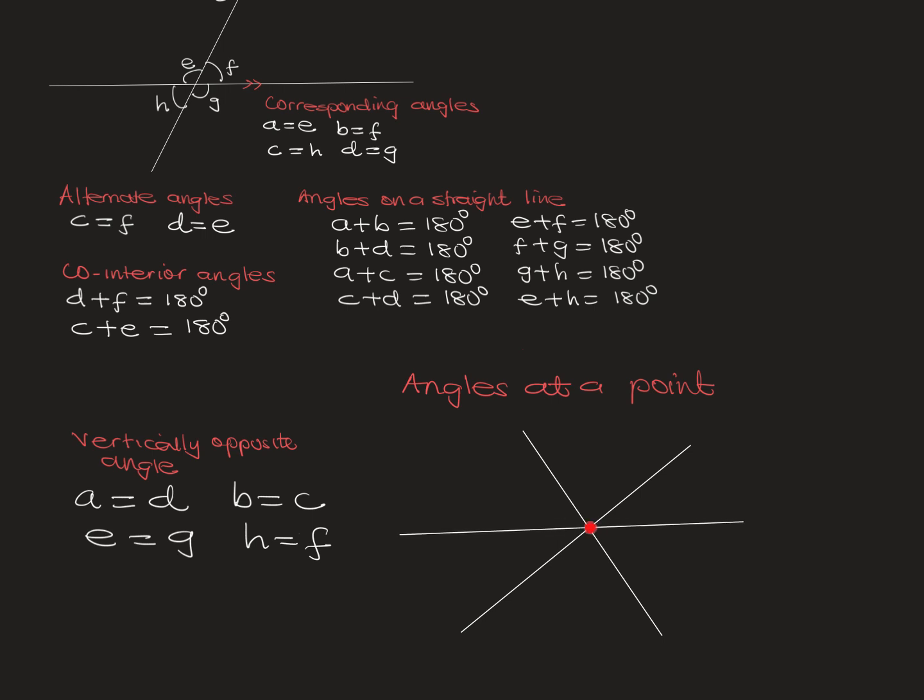We have a point here, right, where these lines meet. So the whole angle around this point will make up 360 degrees. Let's call this angle A, this angle B, angle C, angle D, angle E, and angle F.